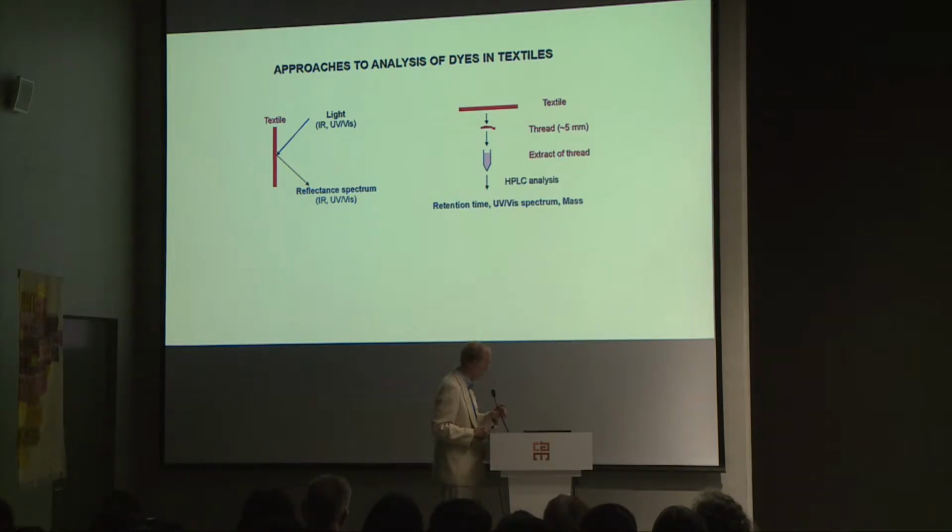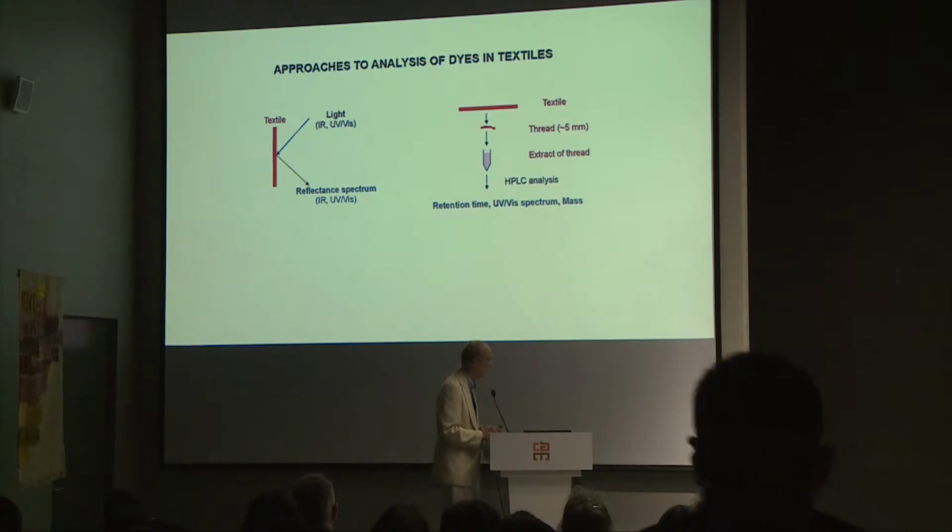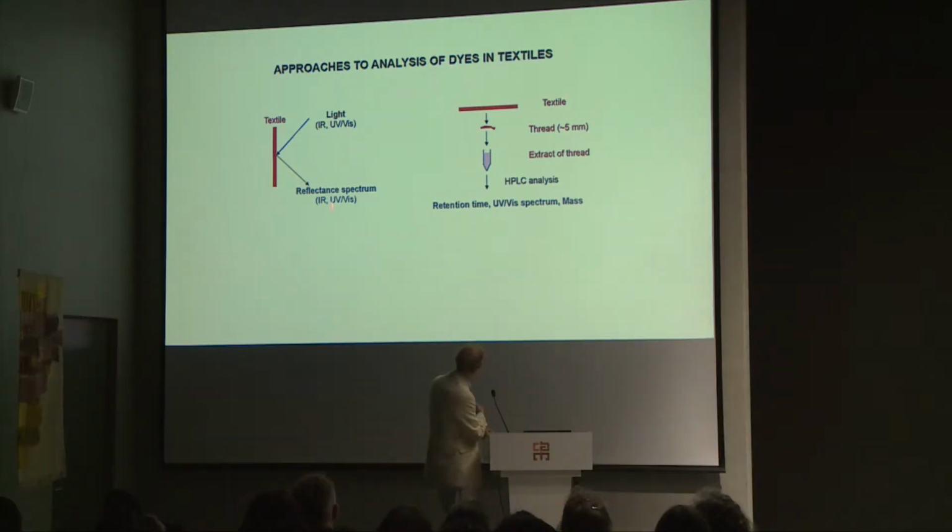Now, I just wanted to talk about two approaches to analyzing textiles. One is you shine a light of some sort on a sample and then analyze the reflected light, which is over here on the left. And the other approach is to actually take a sample and extract the dye from it and then analyze it.